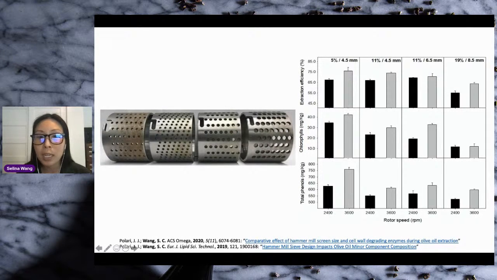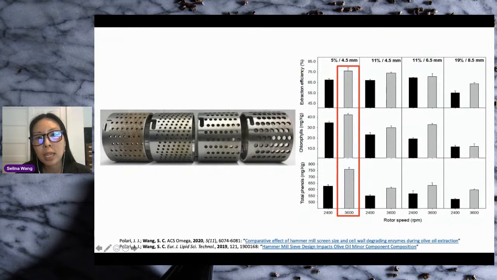So what we see here is consistent with what we saw earlier, that the smaller grit size, which is the 4.5 millimeter, gave the best extraction efficiency and the most phenolics. And faster rotational speed also gives the best extraction and total phenols.